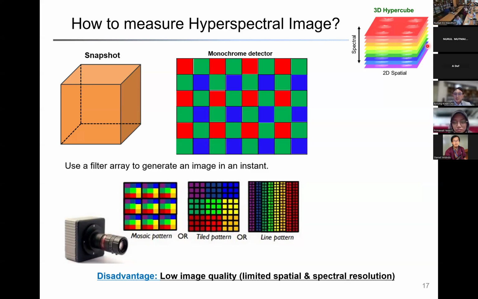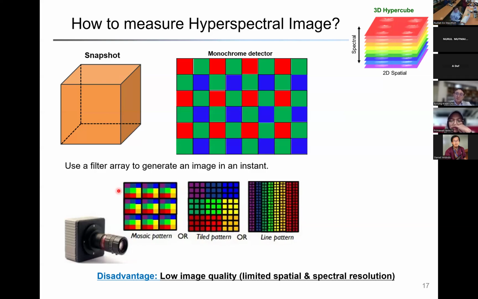Mosaic pattern would be the best. Because with the tiled and line patterns, one specific waveband covers one area, so it is affected by spatial information. With the mosaic pattern, every spectrum covers just a small region and is distributed evenly. So most snapshot hyperspectral imagers use a mosaic pattern.